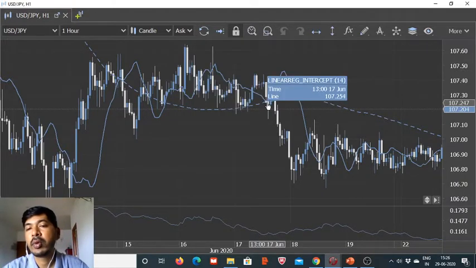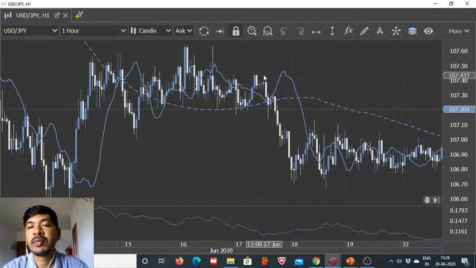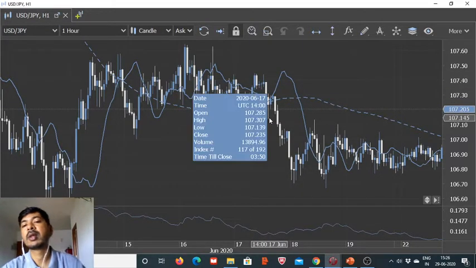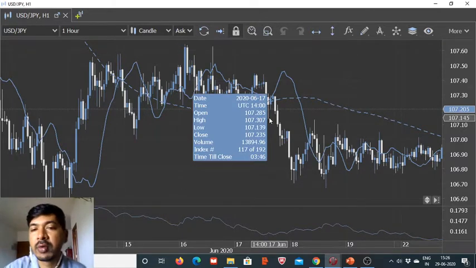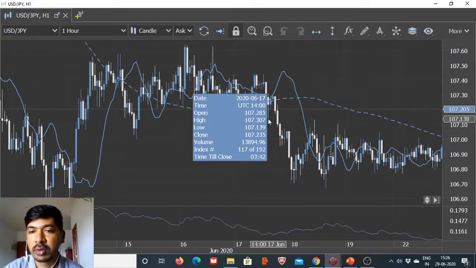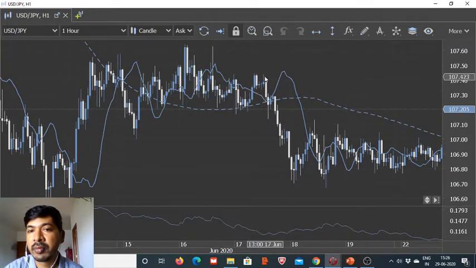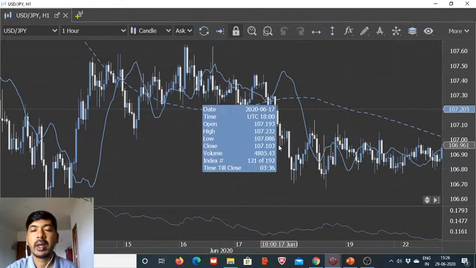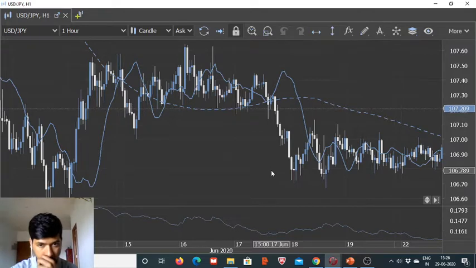Then we have to ensure that the difference between the maximum point of the last 3 hours and the minimum point of the last 3 hours is at least 40% of the daily ATR range. So we will need to compare this difference of around 25 pips with the ATR, and it should be above 40% of the ATR. So that is the requirement there.